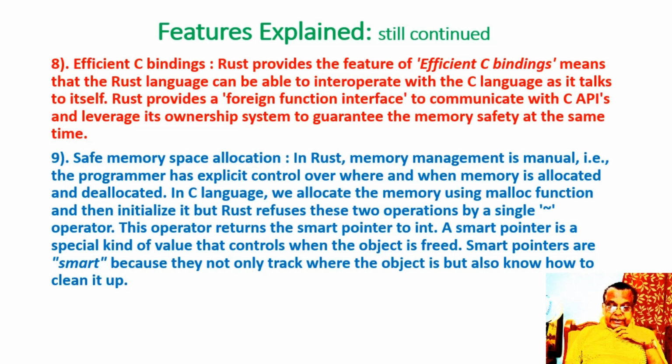This operator returns the smart pointer to int. A smart pointer is a special kind of value that controls when the object is freed. Smart pointers are smart because they not only track where the object is, but also know how to clean it up.